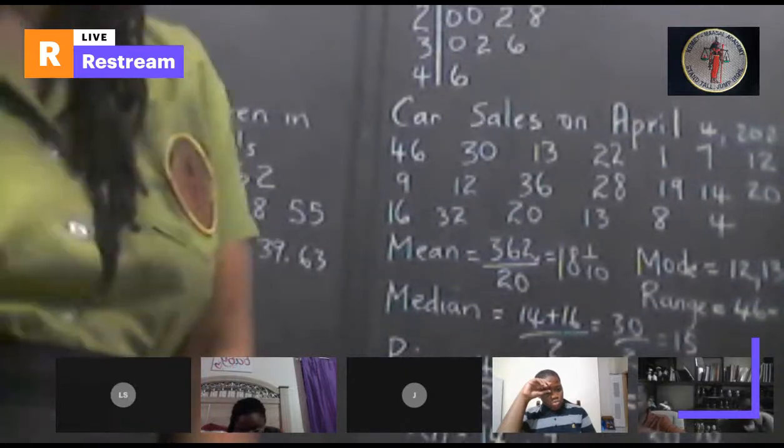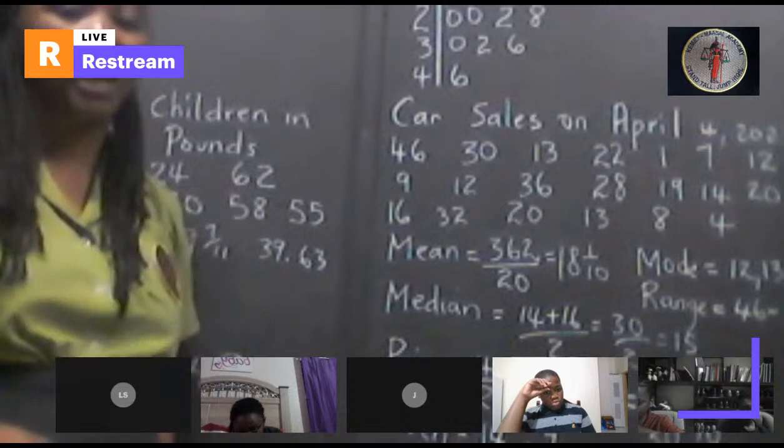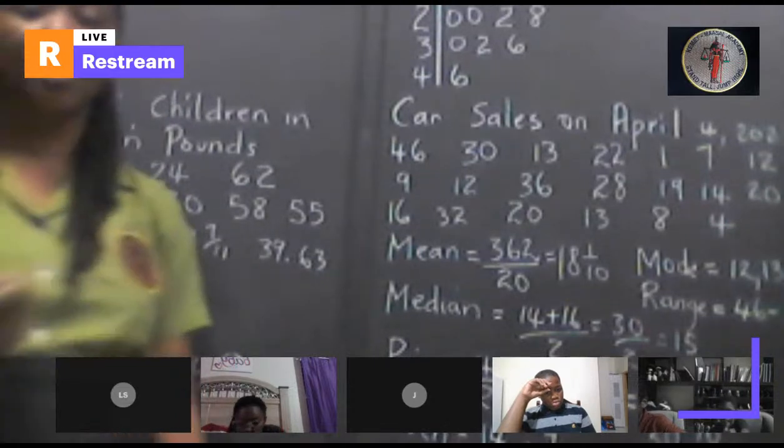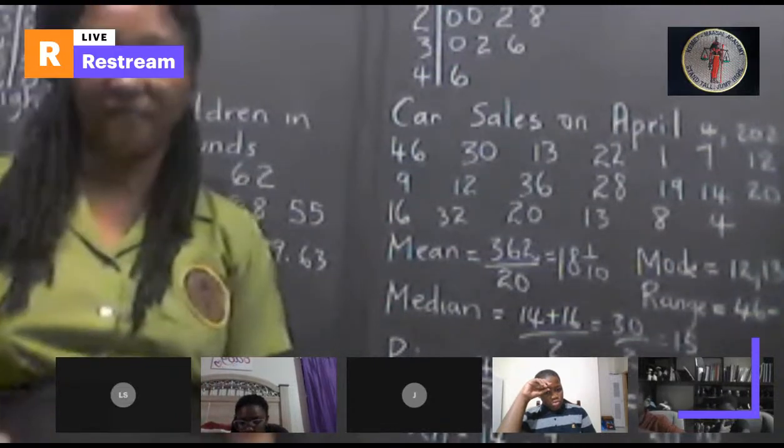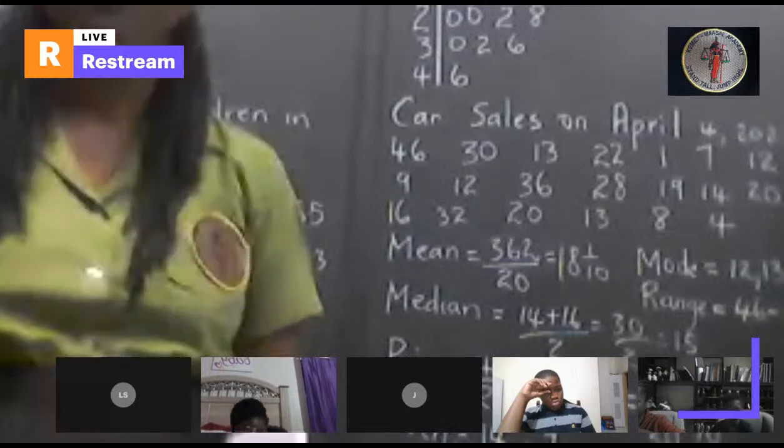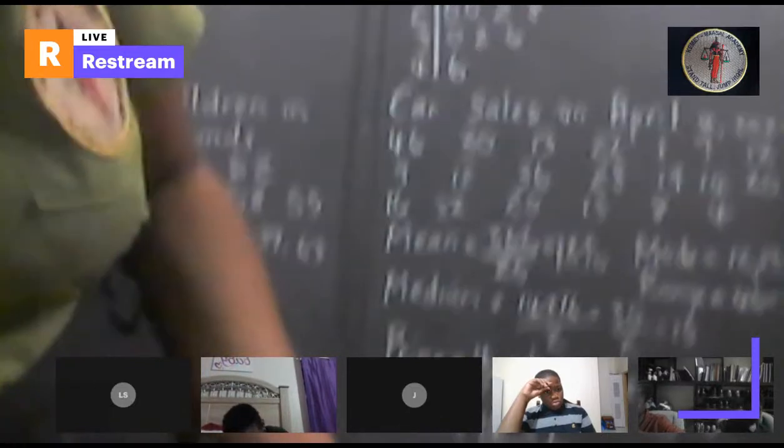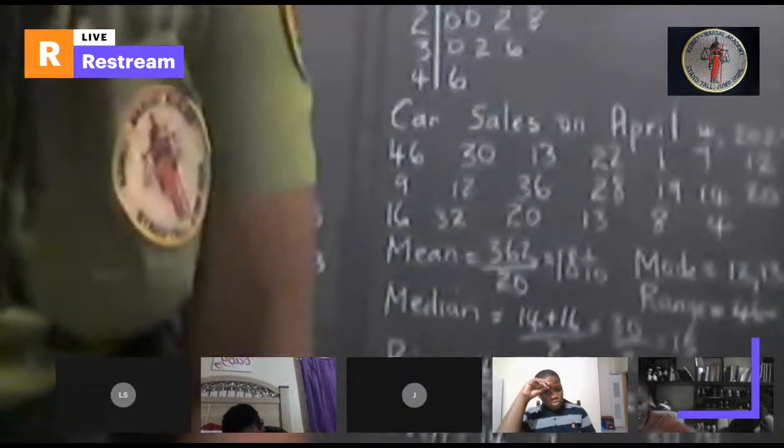Okay. All right. So a composite number has 3 or more factors. In other words, 3 or more numbers divide exactly into it.